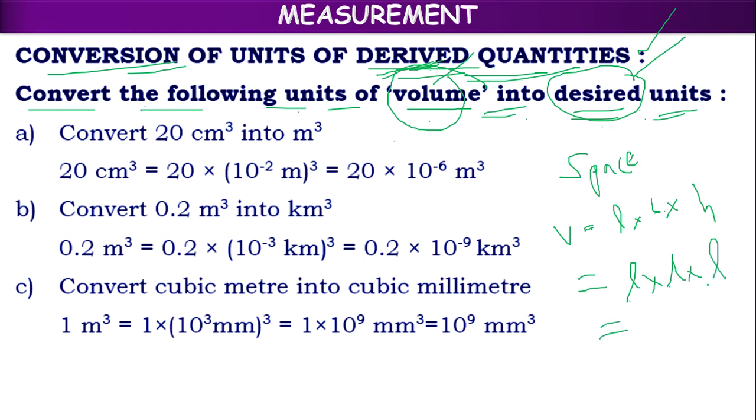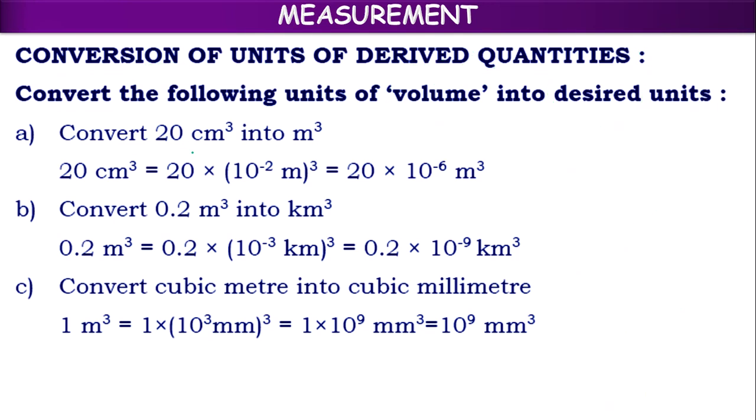L into L into L means length cube. Length is measured in centimeters or meters. If we take centimeter into centimeter into centimeter, we have centimeter cube, which is the unit of volume.